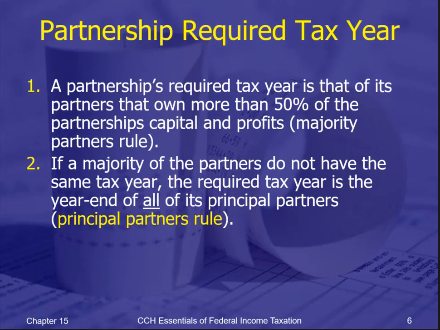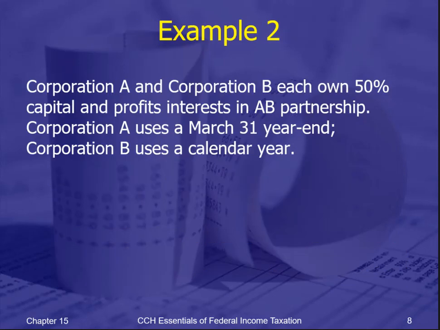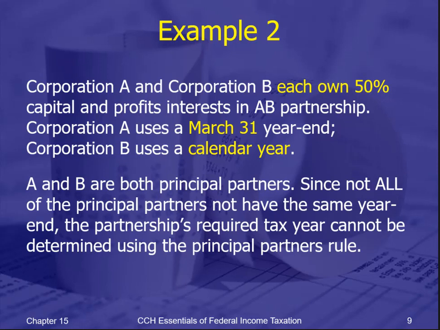If there's no majority, then we look at all of its principal partners, meaning somebody that's 5% or more. So A and B each own 50%. Since not all have the same tax year, the tax year cannot be determined using the principal partners rule. Okay, since neither one of them is the same, it can't be determined that way.